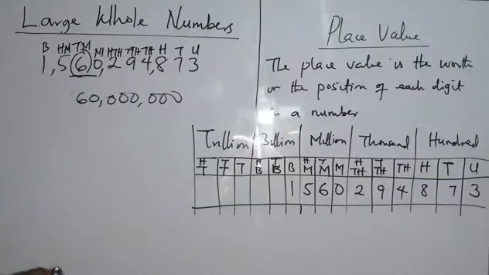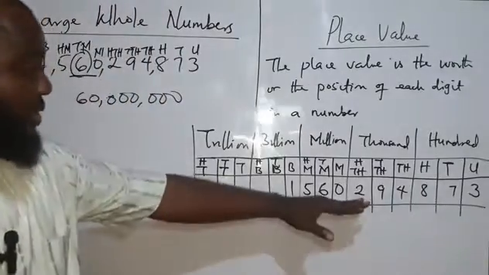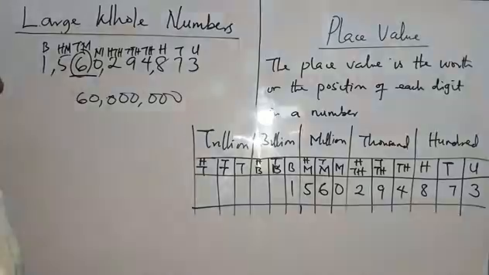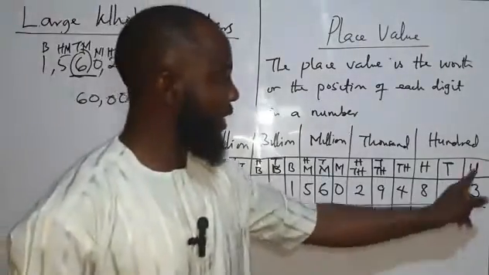You can do it this way to determine the place value, but just for understanding purposes, that is why I have to draw this table. I believe this is very clear to you. That is what we refer to as place value.